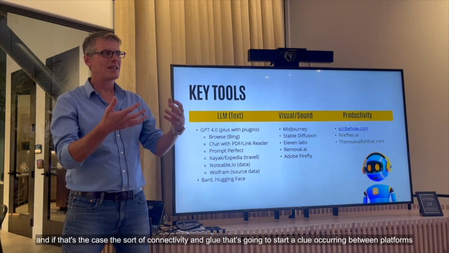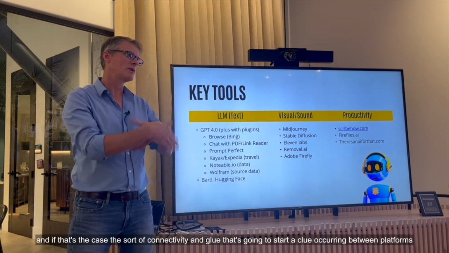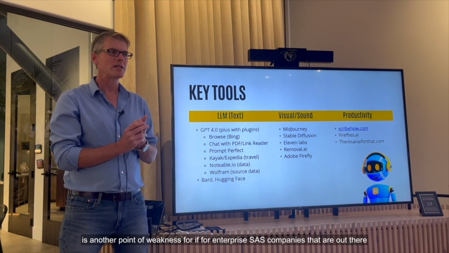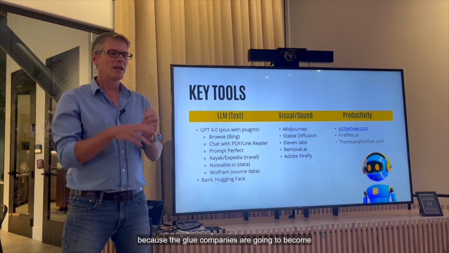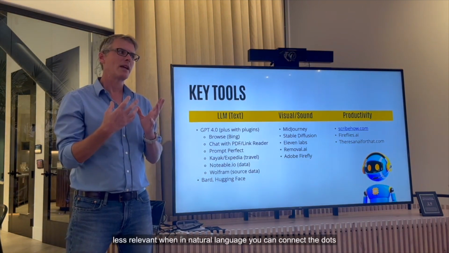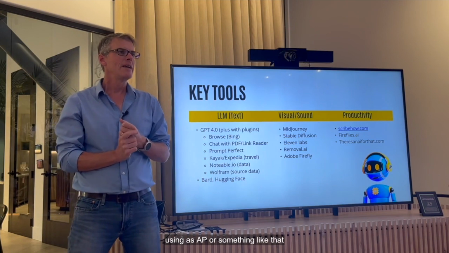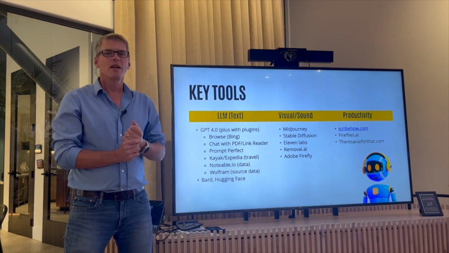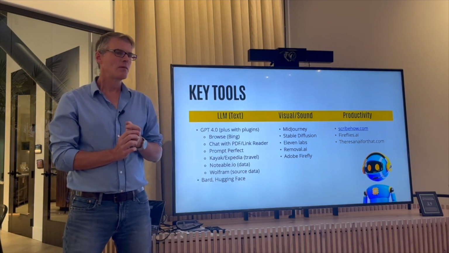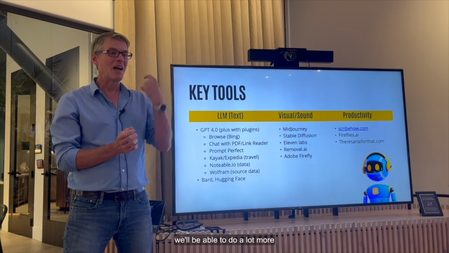And if that's the case, the connectivity and glue that's going to start occurring between platforms is another point of weakness for enterprise SaaS companies, because the glue companies are going to become less relevant when in natural language you can connect the dots using a Zapier or something like that. Connectors like Zapier that have large-scale adoption will probably be very powerful, and all of a sudden we'll be able to do a lot more.